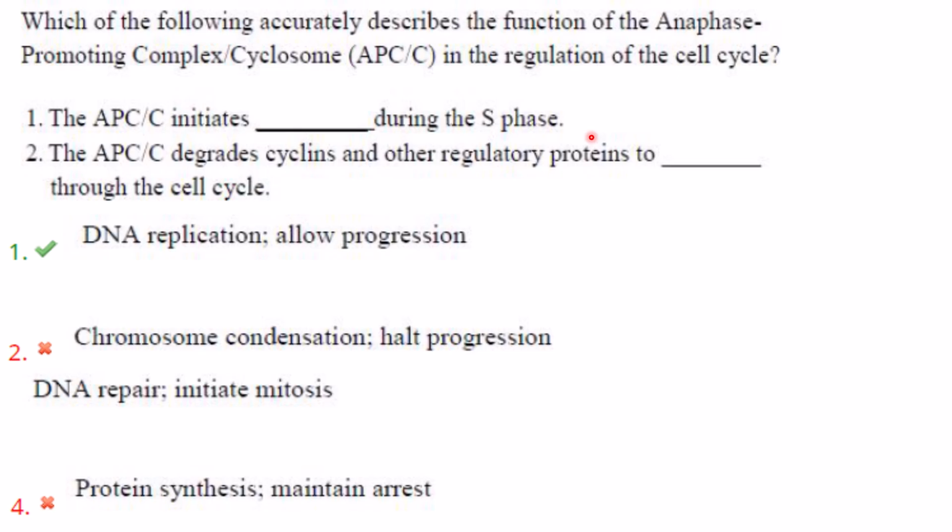So APC/C degrades cyclins and other regulatory proteins to dash through the cell cycle. It is allowed progression through the cell cycle. So metaphase to anaphase progression is there, and from mitotic exit to G1 phase progression. So this portion is correct.